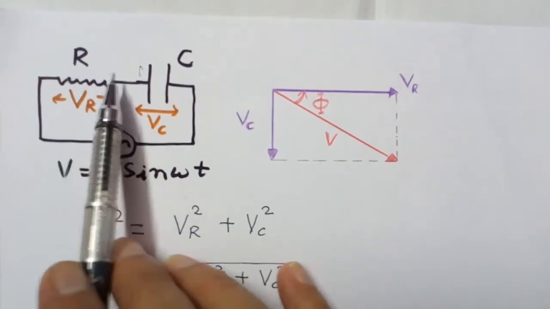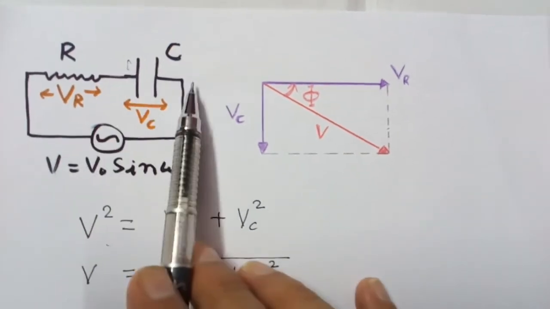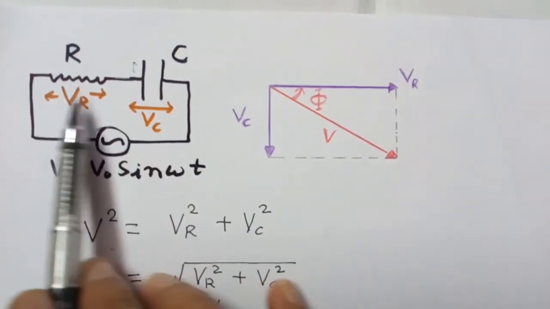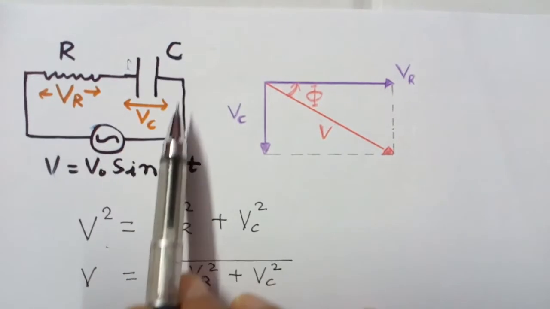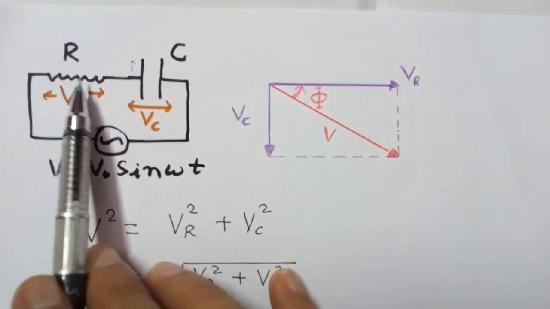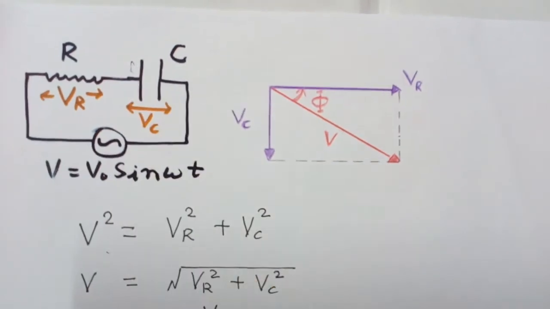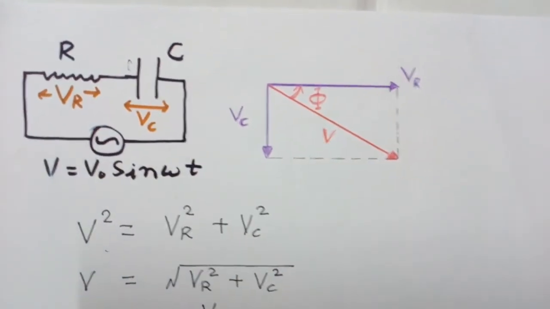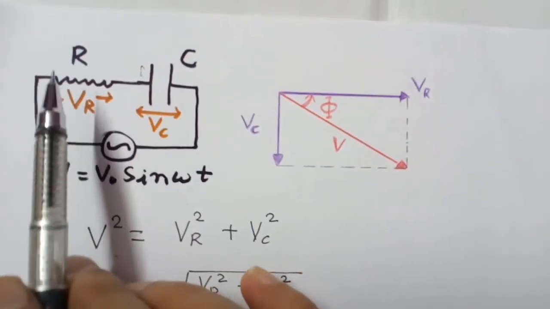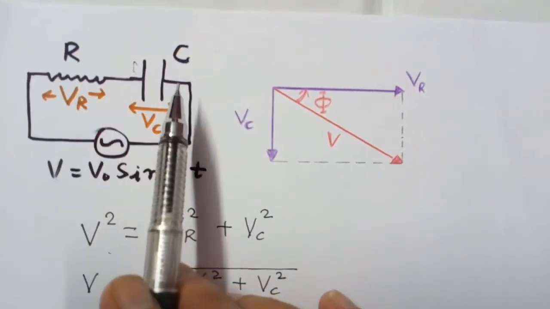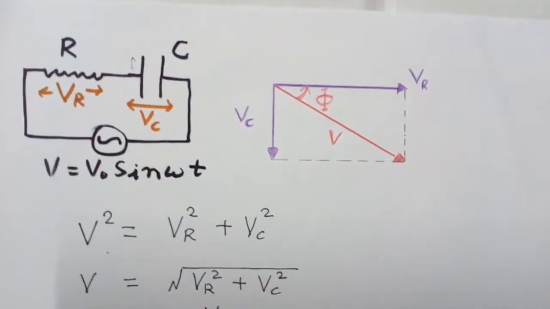Suppose voltage across resistance is VR and across capacitor is VC. Since resistance and capacitor are connected in series, so current in resistance and capacitor will be same at given time, so their phase will also be same.